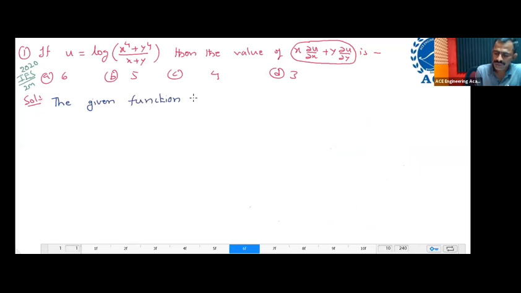The given function u of x comma y is not a homogeneous function.